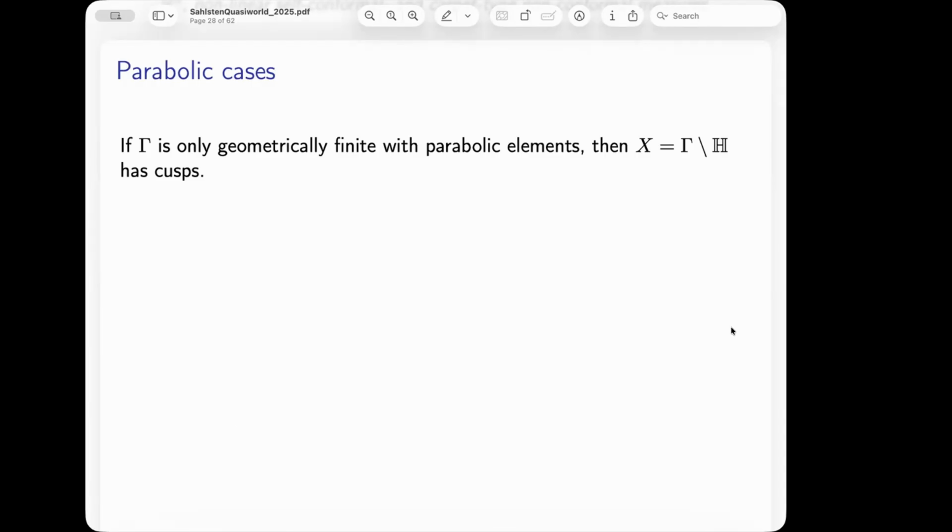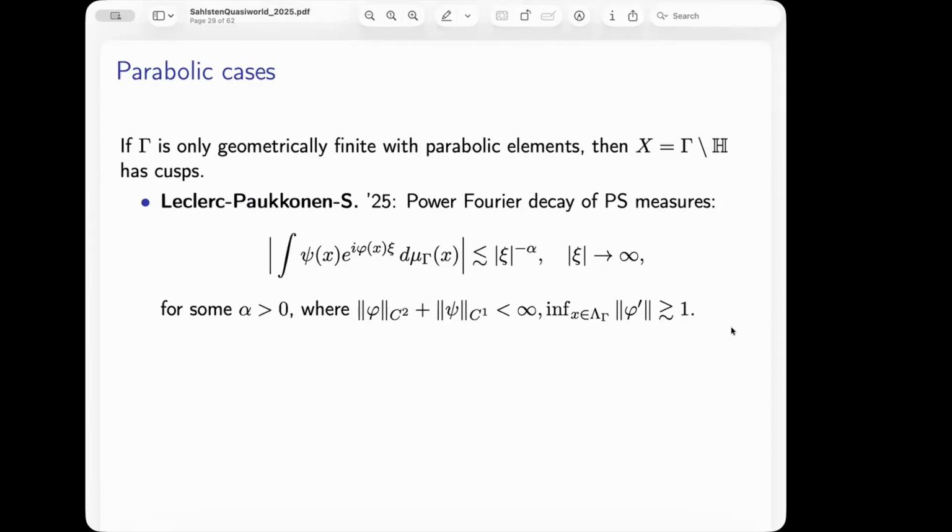This complicates the theory quite a lot, but we can prove a powerful decay in this case as well. It requires us to step away a bit from the approach of Bourgain and Dyatlov, and try to use a specific coding for the Patterson-Sullivan measures.